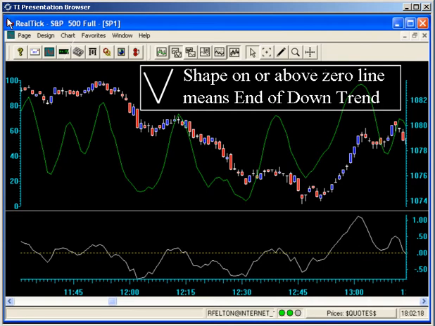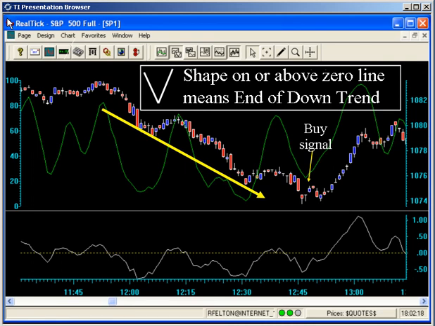This chart will show an example of how to use the end of the downtrend indication. First, we identify our buy signal, occurring at about 12:48 on our chart timeline. The big yellow arrow identifies the strong downtrend going on in the market.